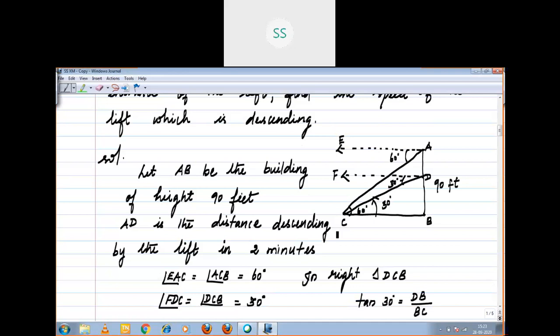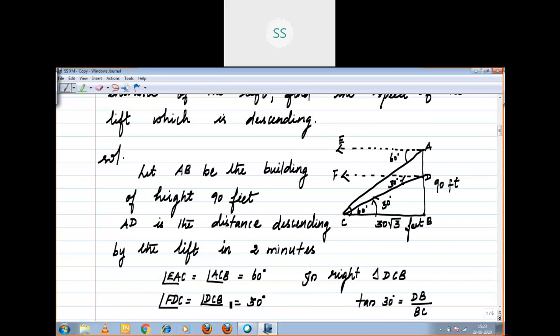In the question it is given, you see, the fountain is 30√3 feet from the entrance of the lift. So the distance between B and C is 30√3 feet. That is given to you, right?